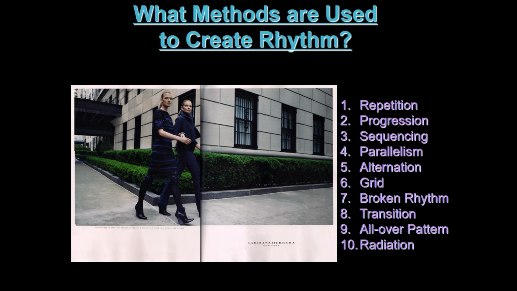So we're repeating the use of color, even within the building compared to the sidewalk, not only in the garments. We also are playing with this idea of parallelism. That's happening in the bars on the windows, the actual windows on the facades, and the lines of the dress as well.